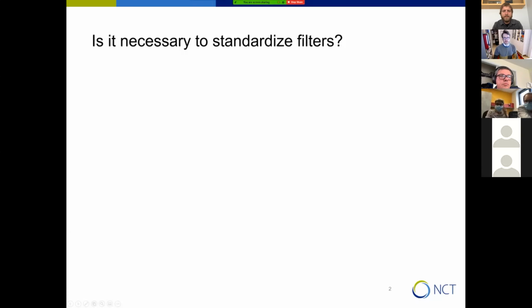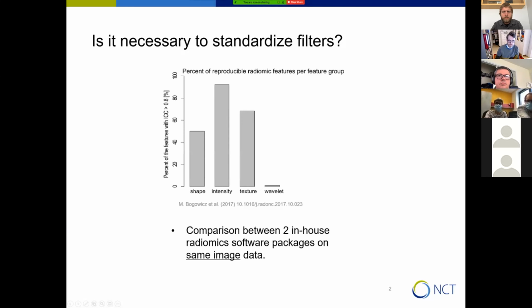As you all know, we provide reference values for features in our work, which was published in Radiology earlier this year. So the question is, would it be necessary to standardize filters as well? This is from a comparison by our friends in Zurich and Maastricht. They compared two radiomics software packages using the same image data.